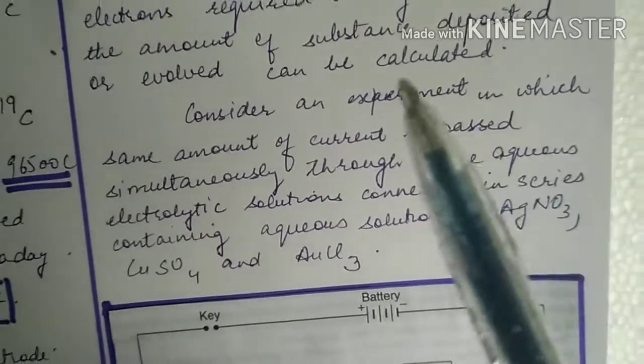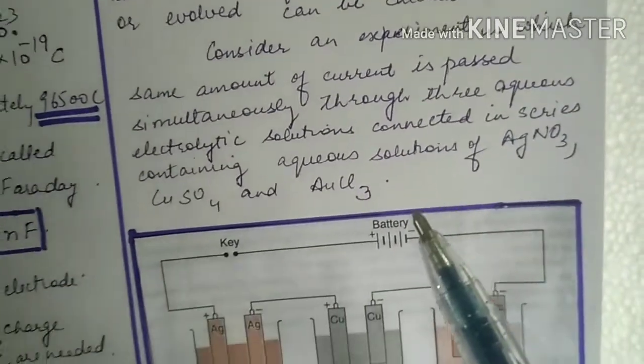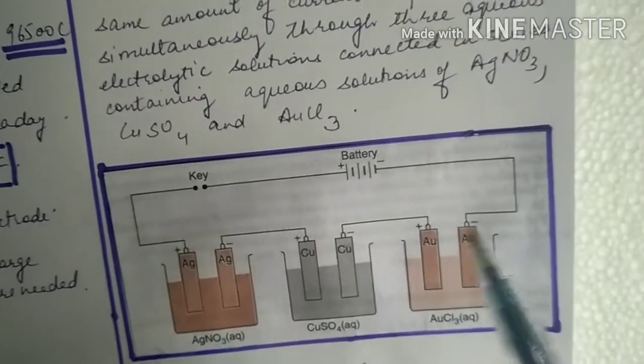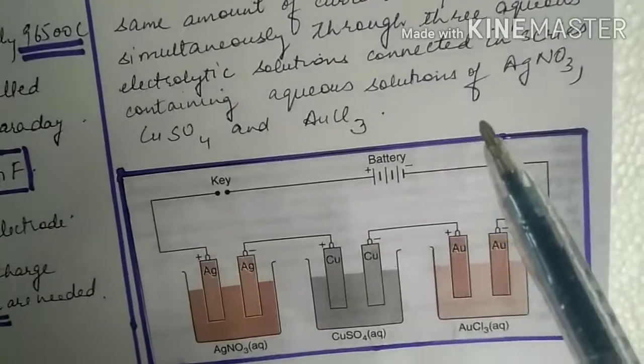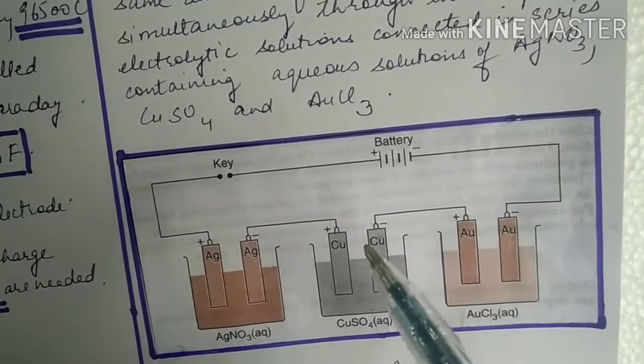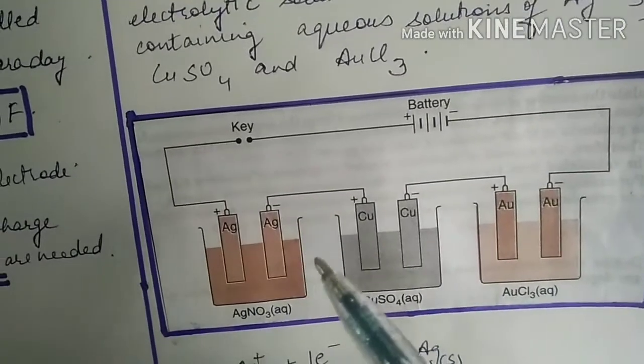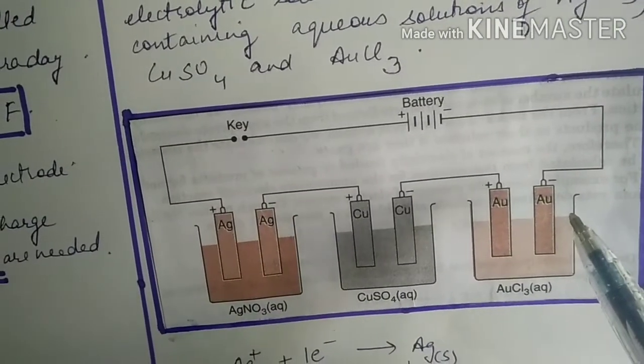Consider an experiment in which same amount of current is passed simultaneously through 3 aqueous electrolytic solutions connected in series containing aqueous solution of silver nitrate, copper sulfate, gold chloride. So how much of these will be deposited on each electrode?